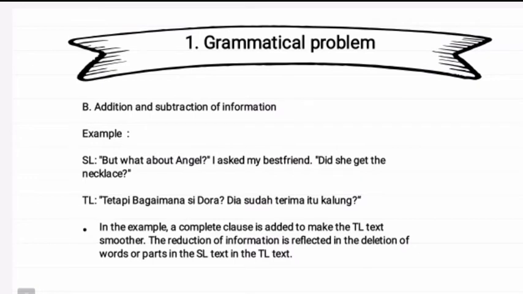Dia sudah terima itu kalung. And then the explanation is in the example, a complete clause is added to make the TL text smoother. The reduction of information is reflected in the deletion of words or parts in the SL text in the TL text.